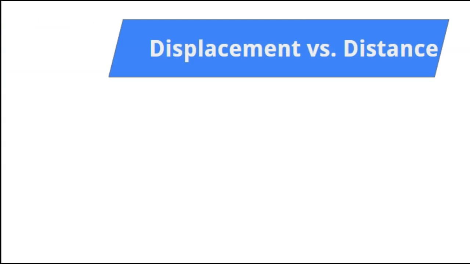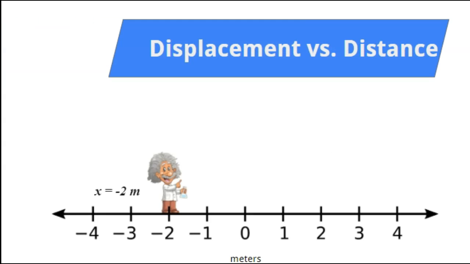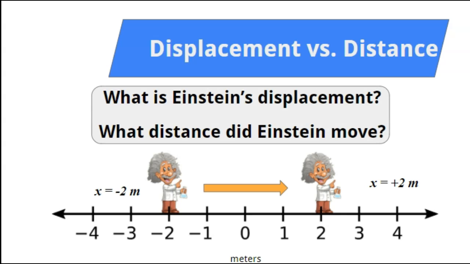Now let's look at displacement versus distance. Back on our number line, we have Einstein at negative 2 meters. And now he's moved to positive 2 meters. What's Einstein's displacement? What distance did he move? Remember that displacement is the change in position, delta x.